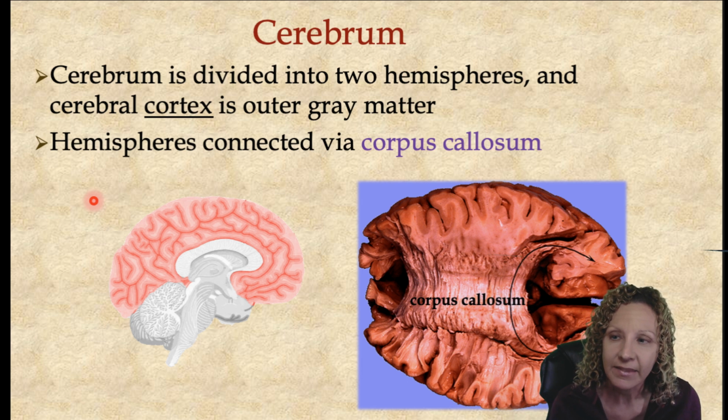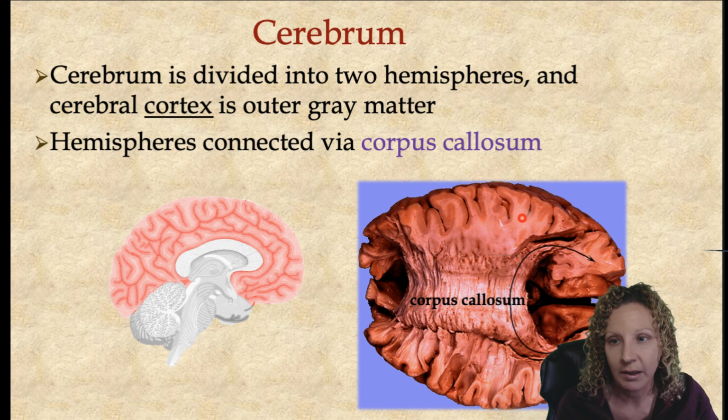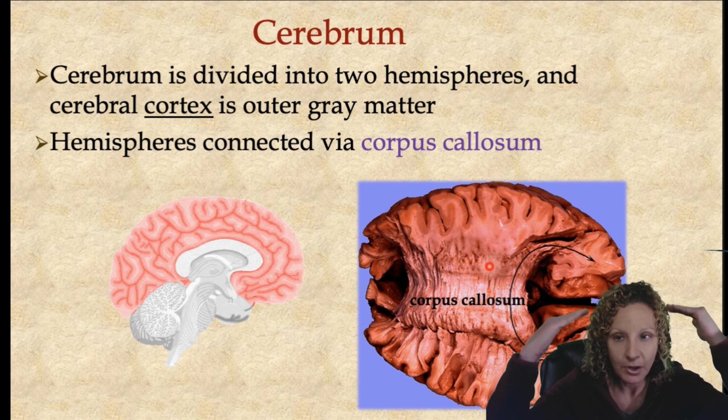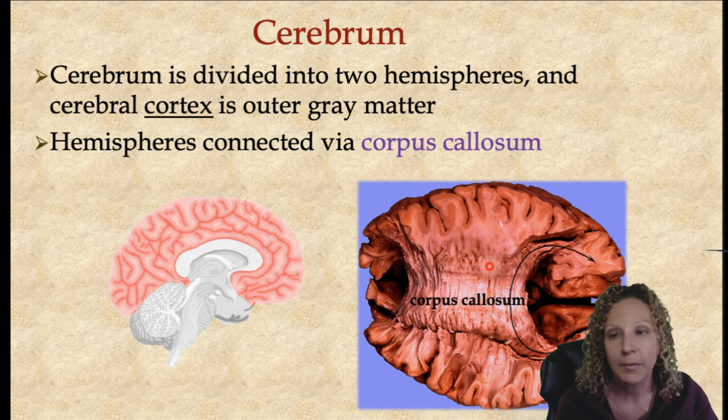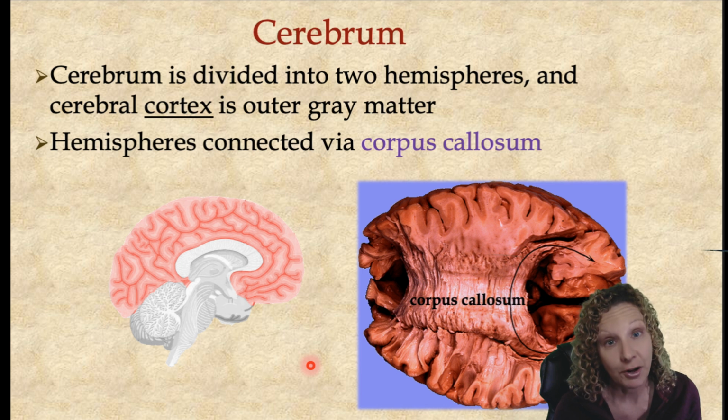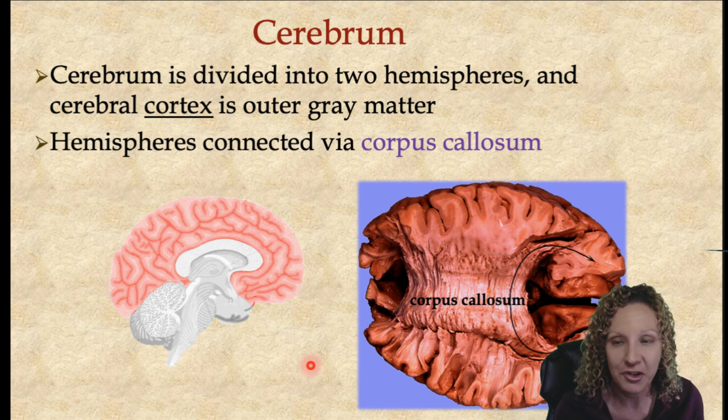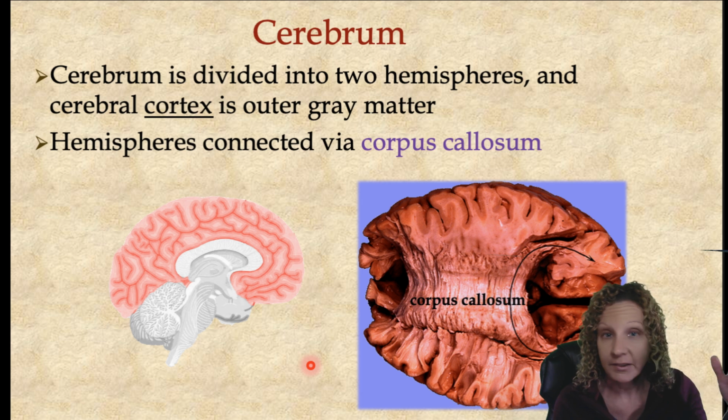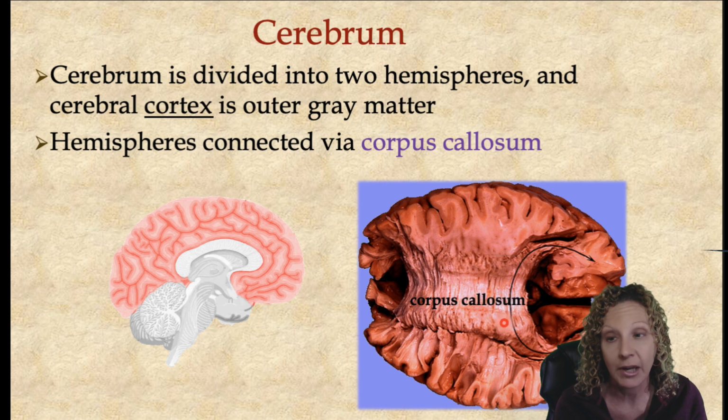And this is a dissection where they chop down a bit of the top of the cerebrum, and you can see the corpus callosum, that structure we're also learning in the sheep brain lab. That's a white matter structure of lots of axons that allow for communication between the right and the left hemispheres.